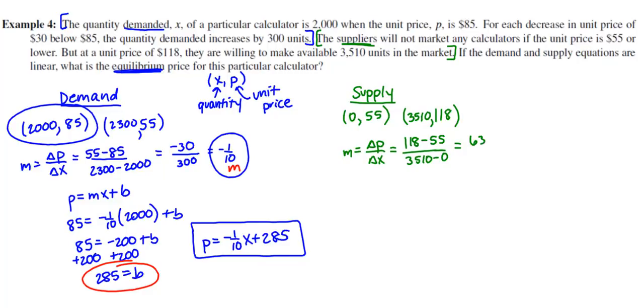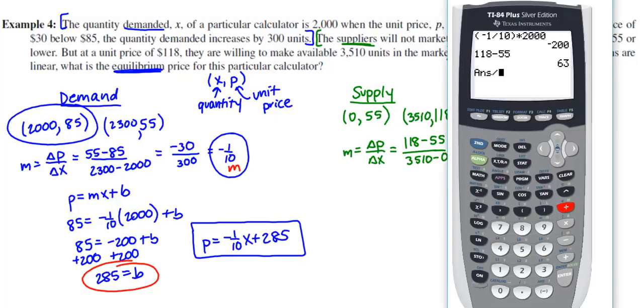So 63 over 3,510 reduces down to 7 over 390.